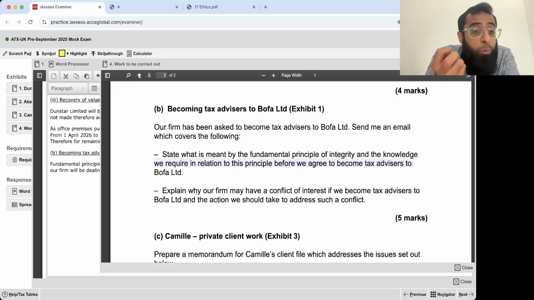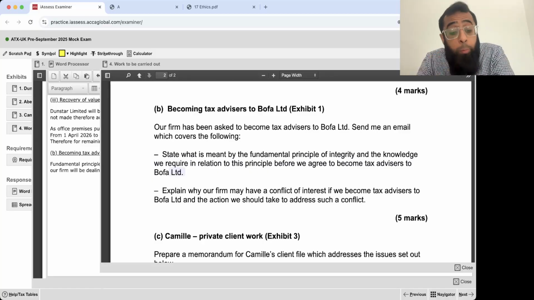So, what we need to know about BOFA Limited? We need to know about their business model, like whether they are into legal businesses. We need to know whether they have been involved in any tax non-compliances in the past, because that raises concern on their integrity.